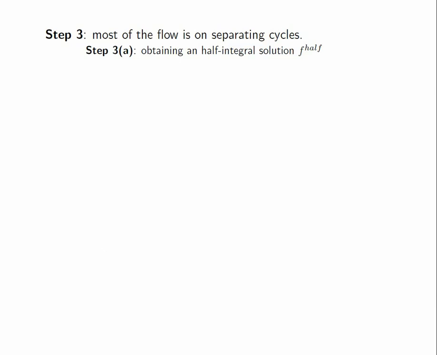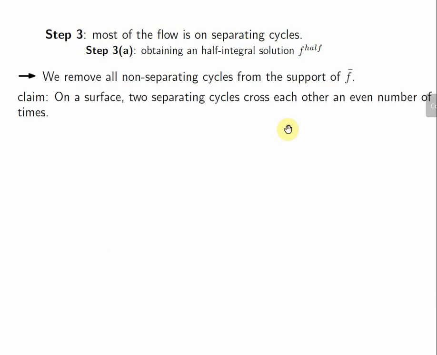First, we compute a half integral solution, and then we will use this half integral flow to obtain an integral solution. To obtain a half integral solution, we first remove all non-separating cycles in the support of f bar while losing only a factor 2 in the value.